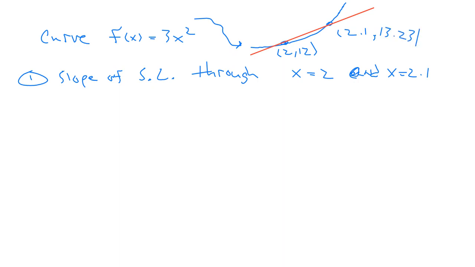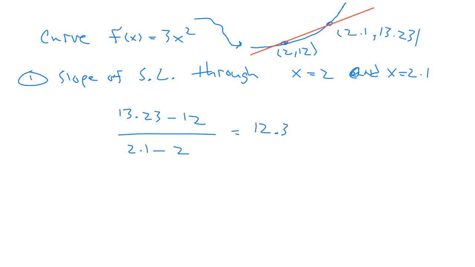The question only gave me the x coordinates for the points, but they're on that curve, so I can use the formula to find the y coordinates. My answer is going to be 13.23 minus 12 over 2.1 minus 2. That's just rise over run, and I'll do the math and get 12.3.